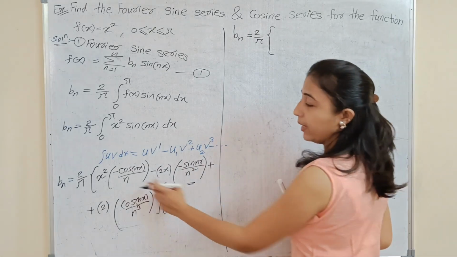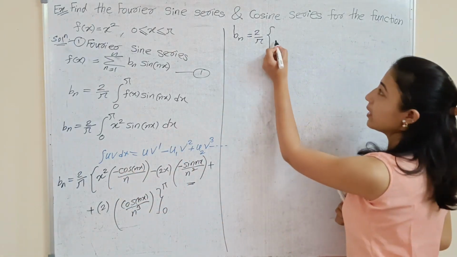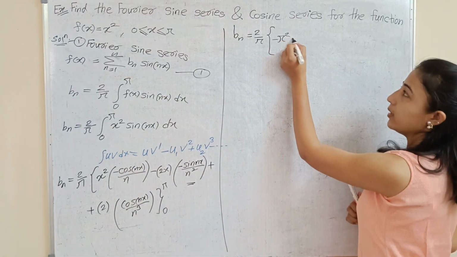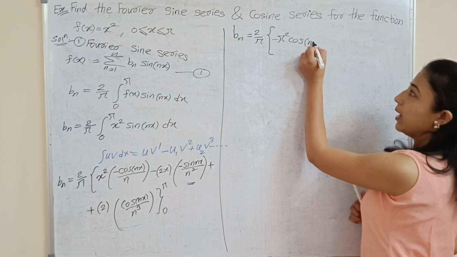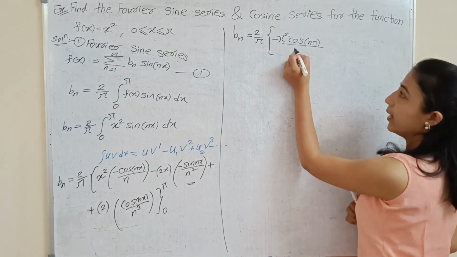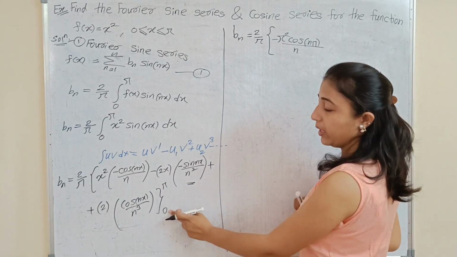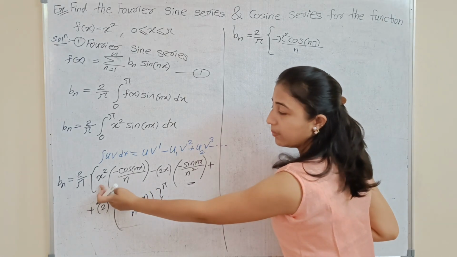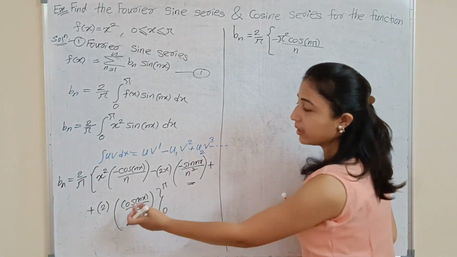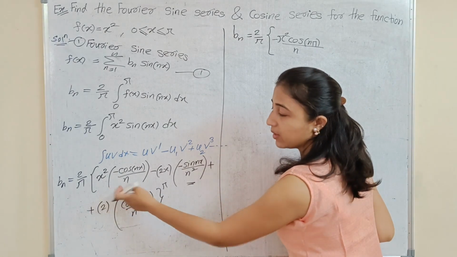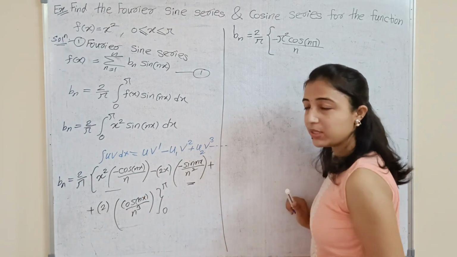Upper limit is pi, so if we put pi, it becomes minus pi square cos n pi upon n. Minus lower limit, x is 0, so the multiplication by 0 means the whole term becomes 0. So for the lower limit this term is 0.